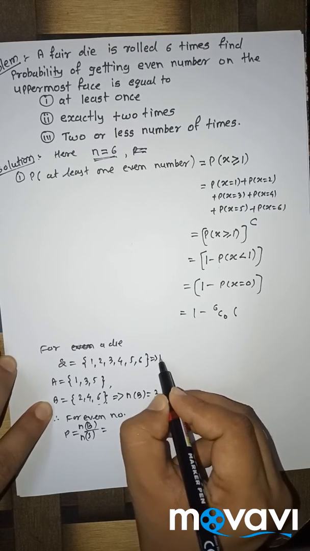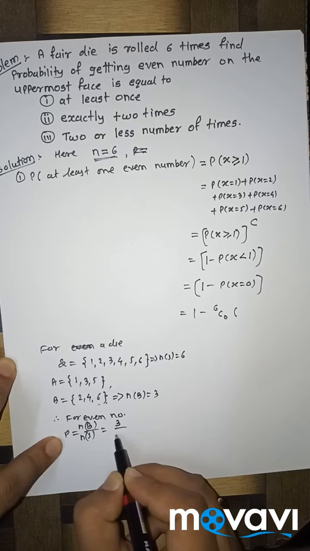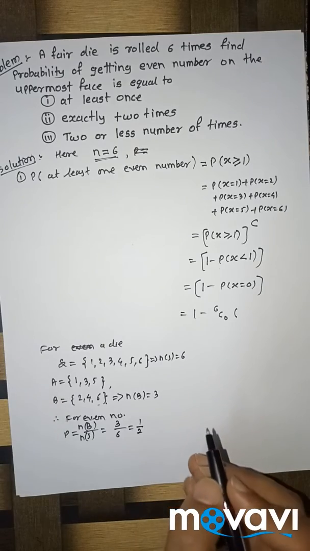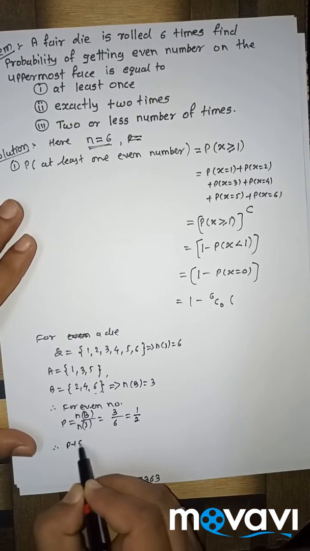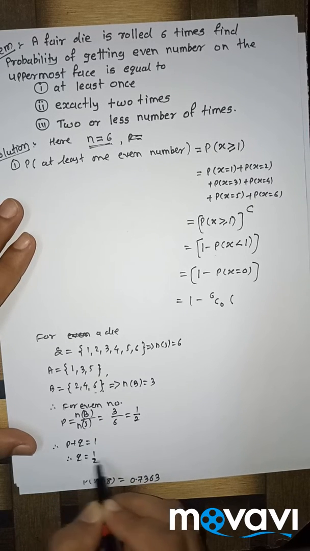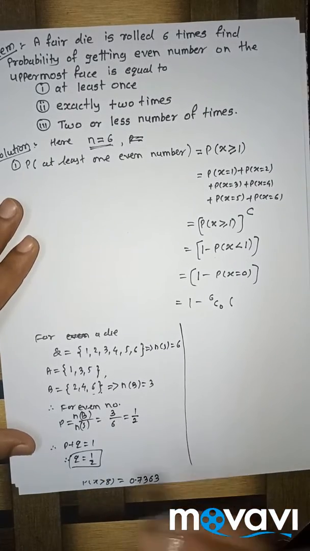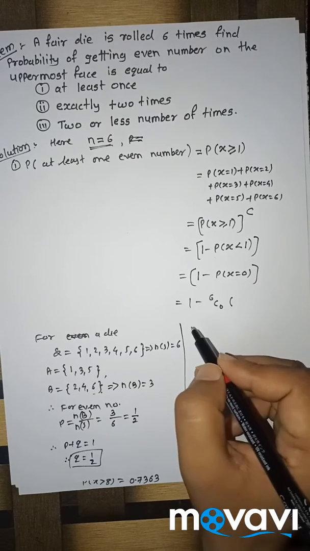S contains 6 elements, therefore n of S is 6. 3 upon 6 means 1 upon 2. Therefore my p is 1 upon 2, and p plus q is 1, therefore q is again 1 upon 2. Hence for this problem p is half and q is half. We use these values here.